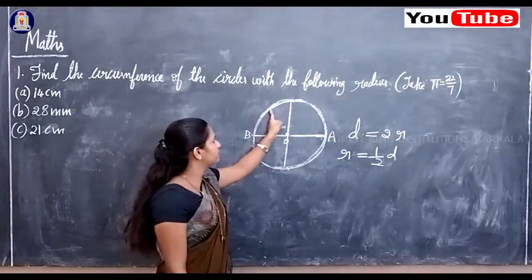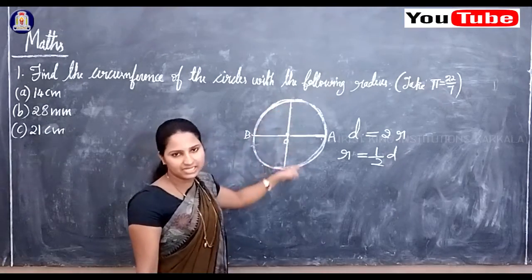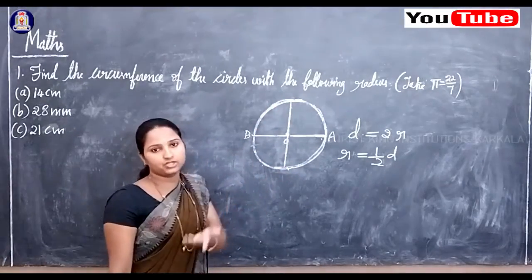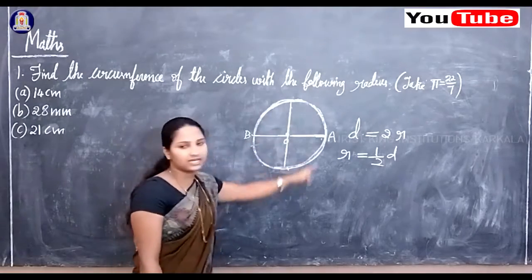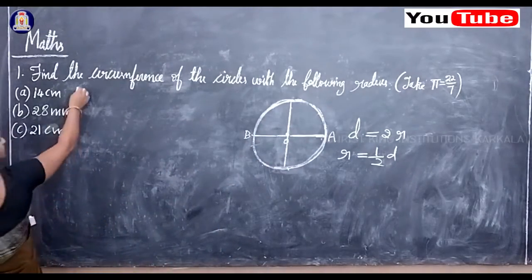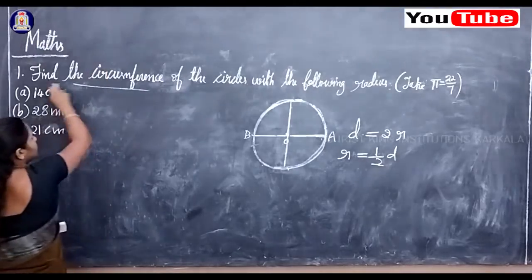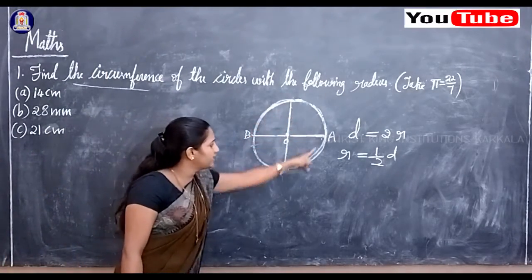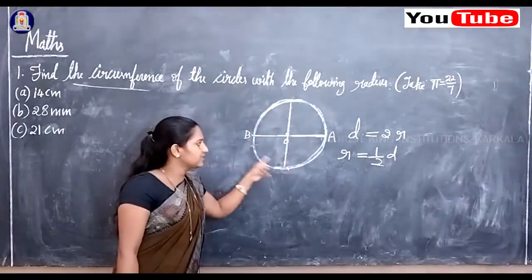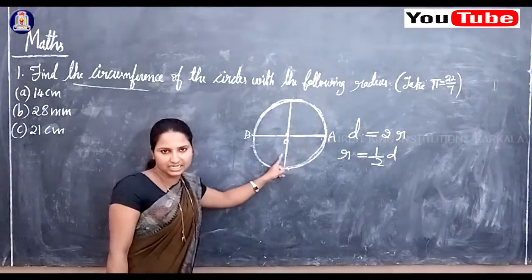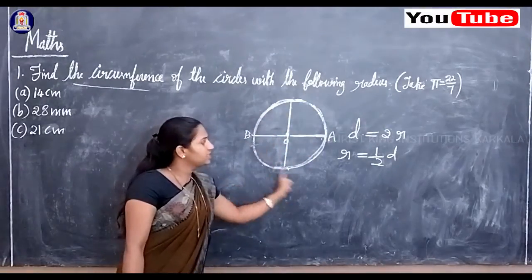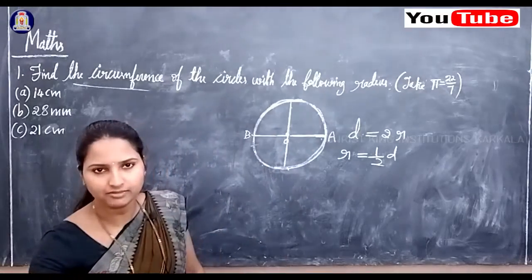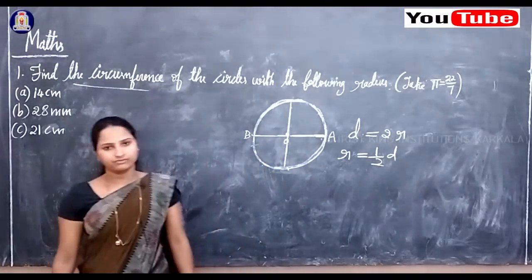Sometimes they'll ask: find the length of the circle, or find the perimeter of the circle, or find the circumference of the circle. In the question also they asked, find the circumference of the circle. So that means you have to find how much length is there in the circle. What is the length, the perimeter, the boundary of the circle? Clear? So that we have to find.